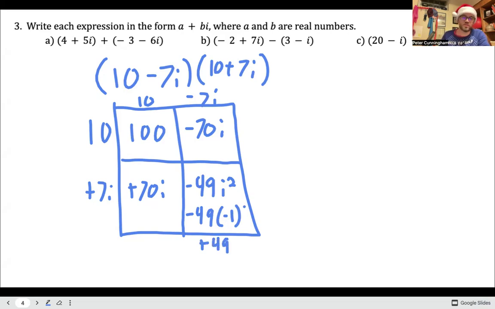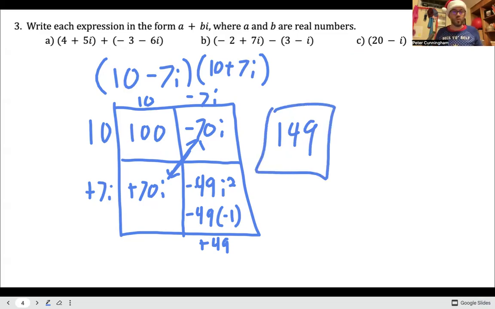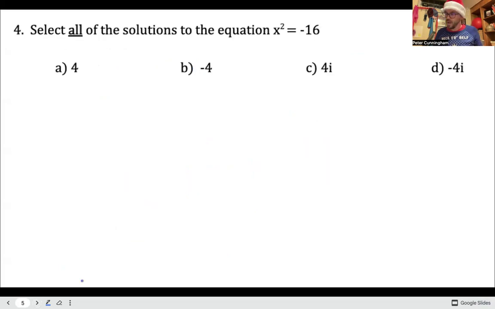These two cancel out because we got -70, +70. Get rid of them. 100 plus 49 is 149. All the i's are gone. Our answer is just 149.